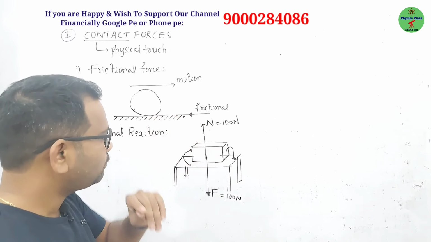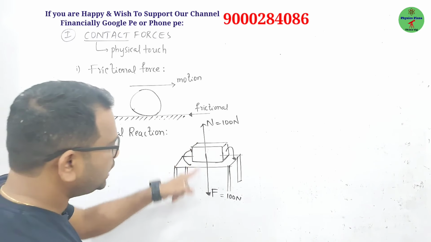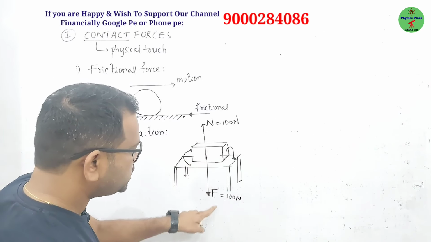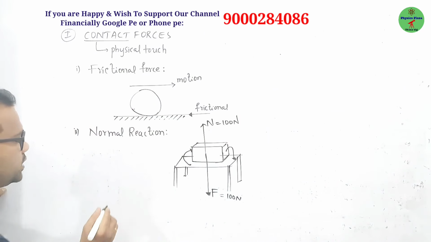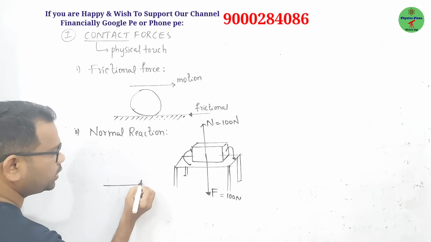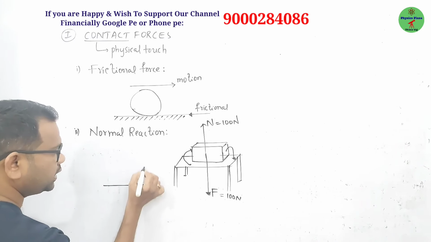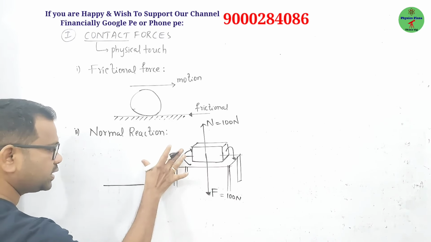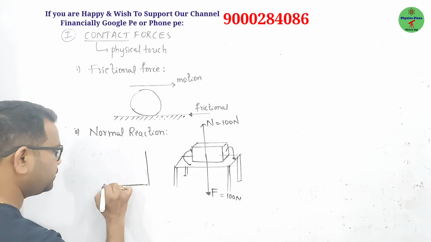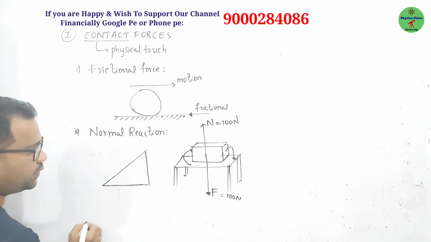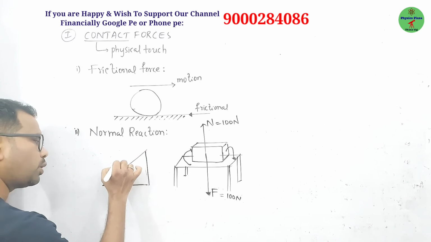Now let me give one question. With this it's very clear that the force in the downward direction is the weight, and the normal reaction is upwards. Suppose this kind of block is there, and this type of surface is there, like a wedge type, and here the block is placed.